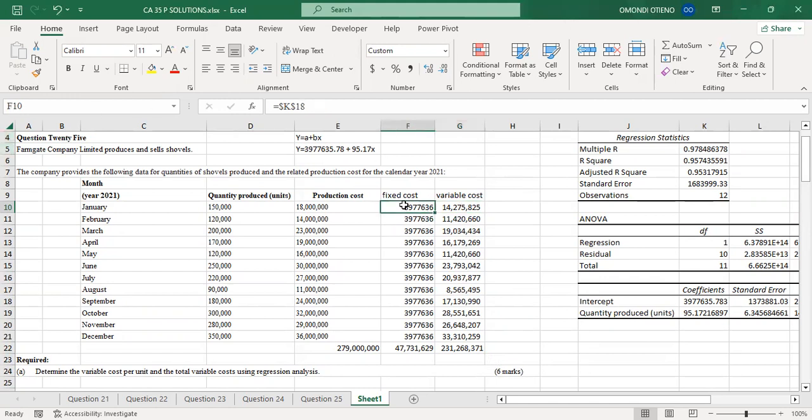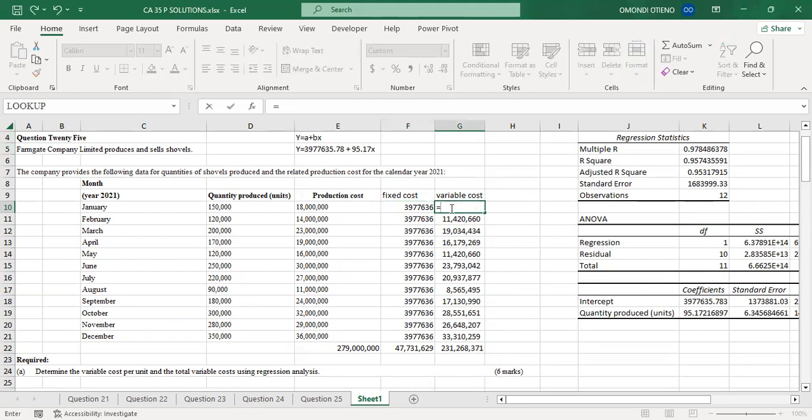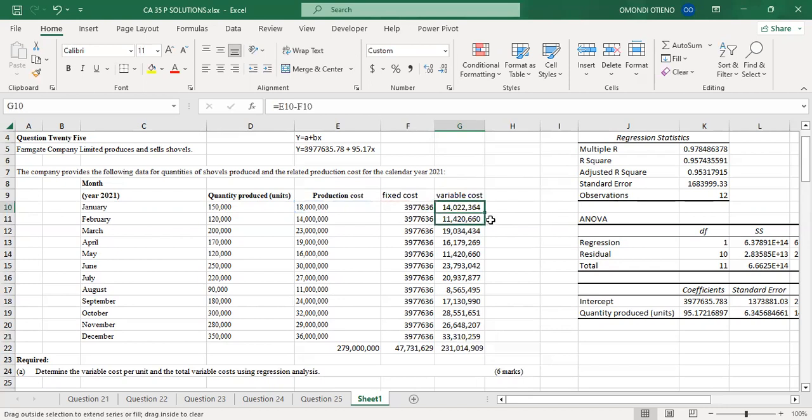We've identified the fixed costs. So it is constant. What we do now to get variable, it is total production costs minus fixed costs. So that is what we are going to have all through.